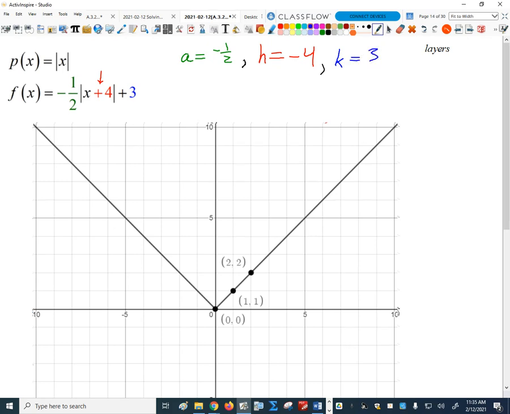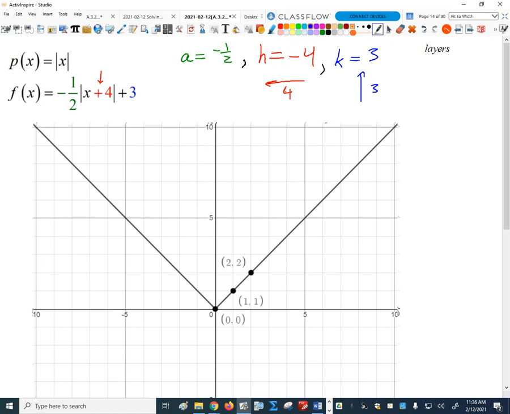So what's that telling us? We should be squishing and reflecting the function vertically. We should be moving it negative 4 to the right, so we're going 4 to the left. And k is positive 3, so we're going to go up by 3. Well, let's do this in regular PEMDAS order first.